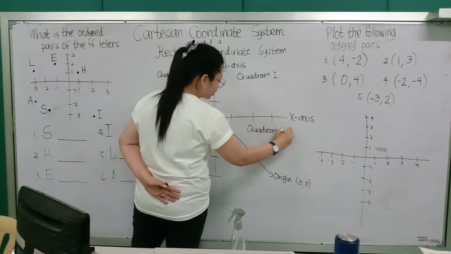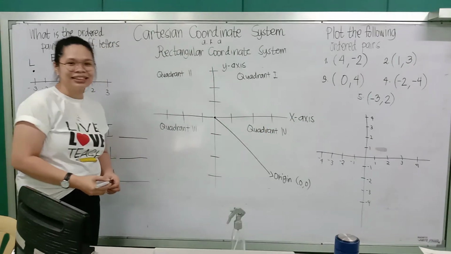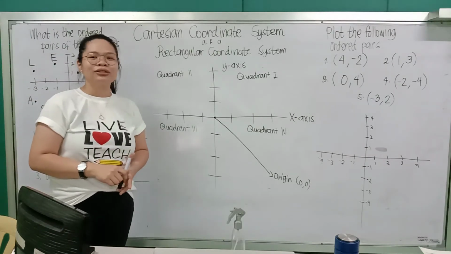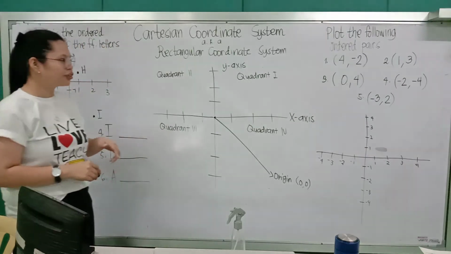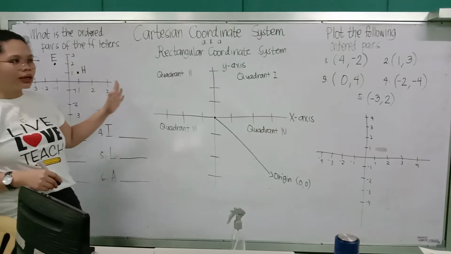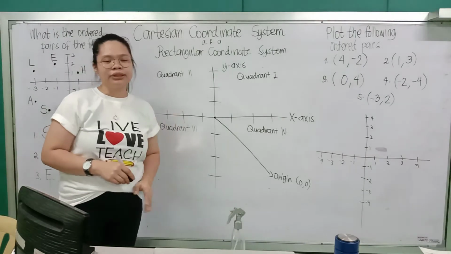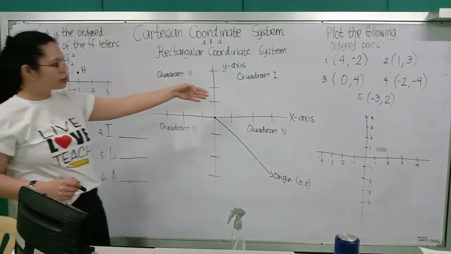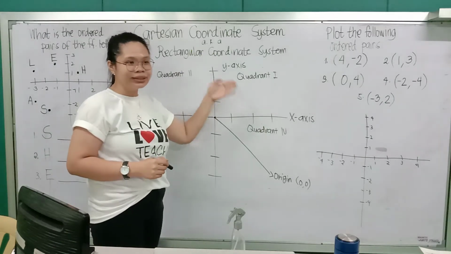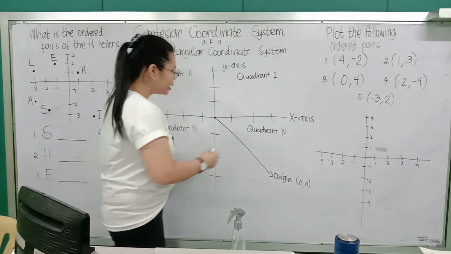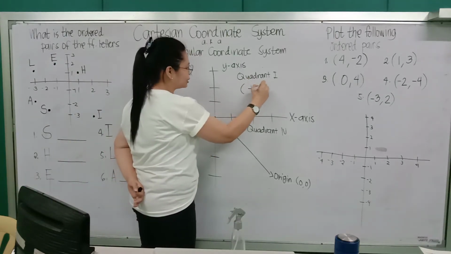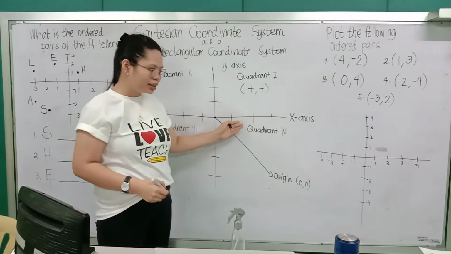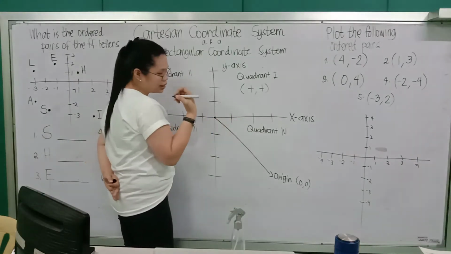Each quadrant has designated signs, so that we know what quadrant the ordered pairs are located in. In quadrant 1, the signs of the ordered pairs are both positive, because the x-axis here is all positive.